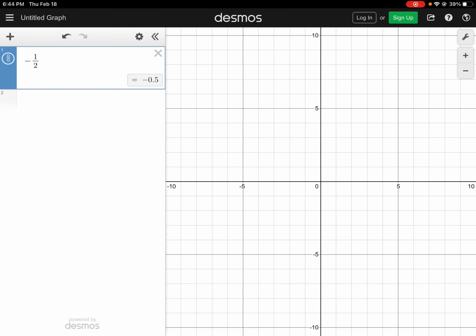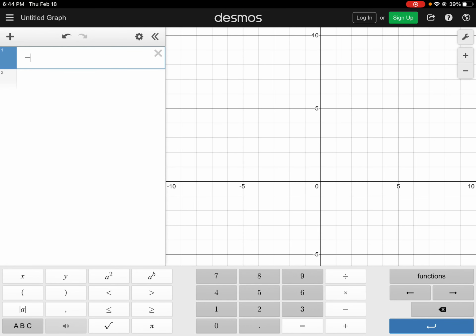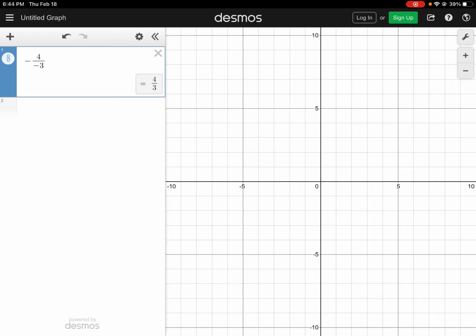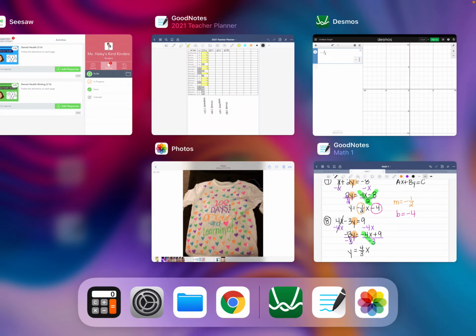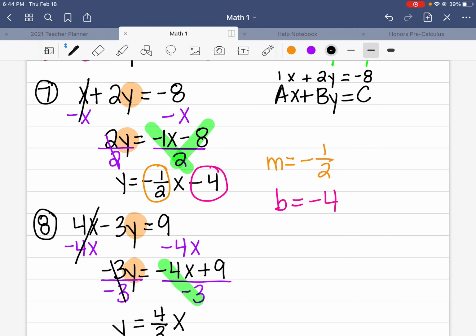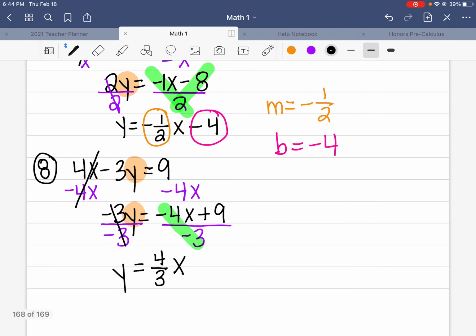Again, if you feel like you're going to struggle with that, type negative 4 divided by negative 3 and you get a decimal. Turn it back into a fraction, positive 4 over 3. Now we're going to simplify again. 9 divided by negative 3 is going to give me minus 3.